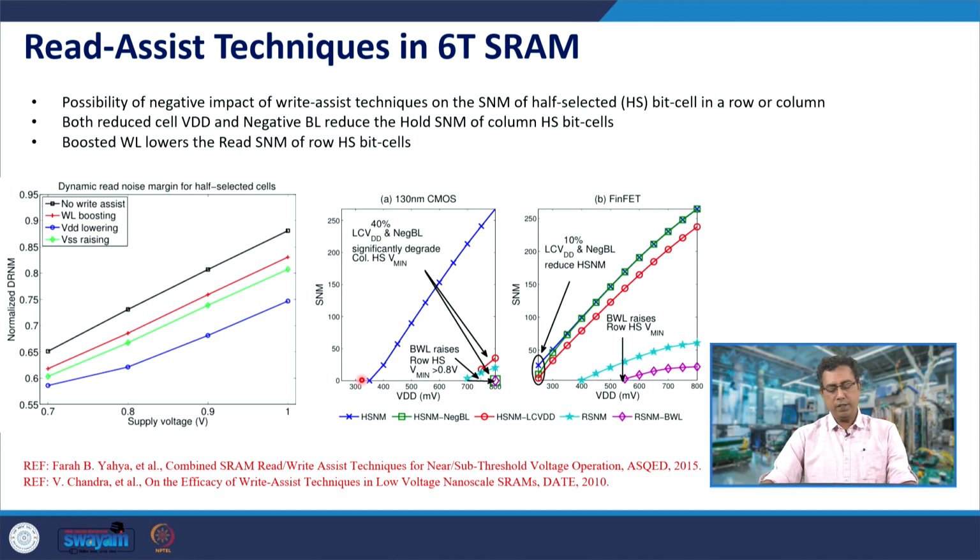Because of the leakage, for example, if you use negative bit line, then one of the access transistors has a very large leakage. So, that would skew the cell and the static noise margin would reduce.